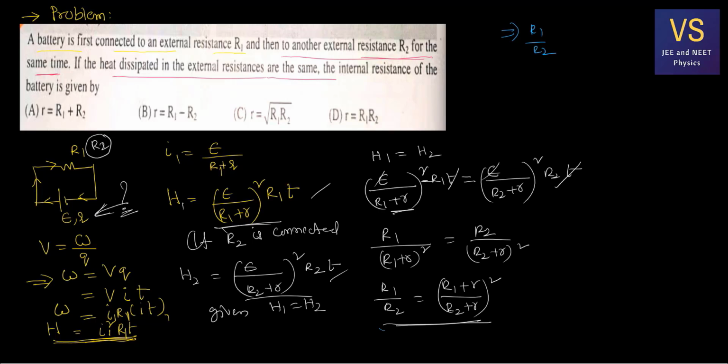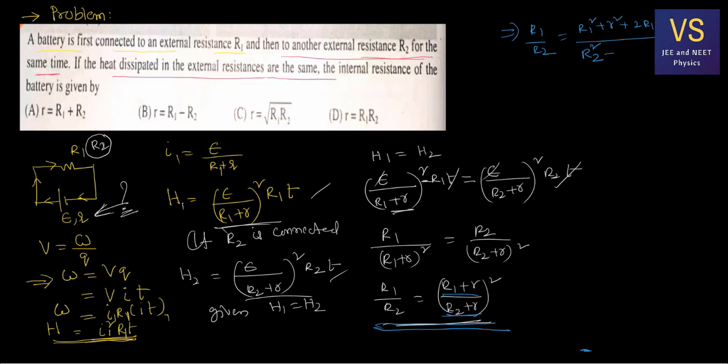R1 by R2 is equal to R1 plus R whole square, which is R1 square plus R square plus 2R1R, by R2 plus R whole square, which means R2 square plus R square plus 2R2R.